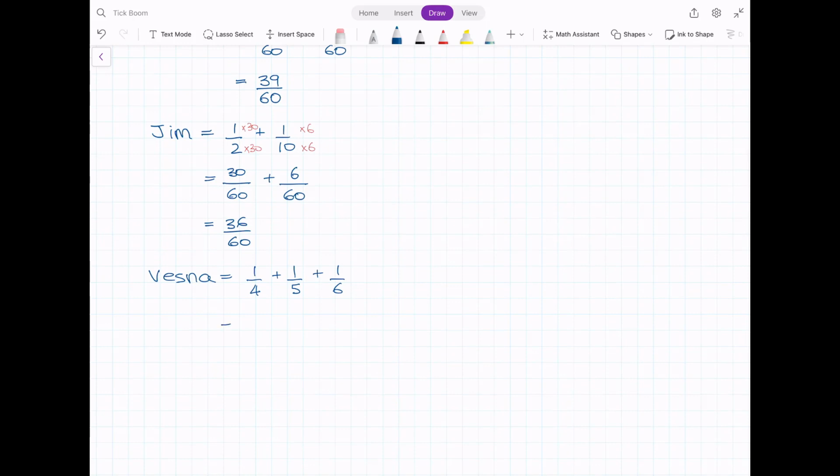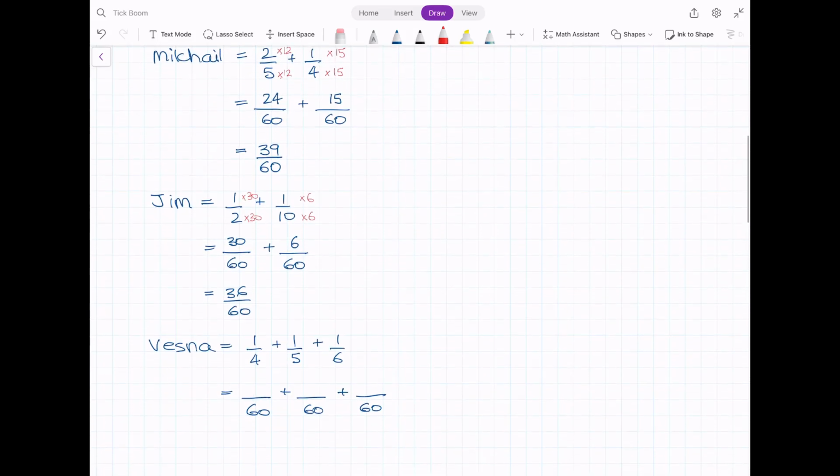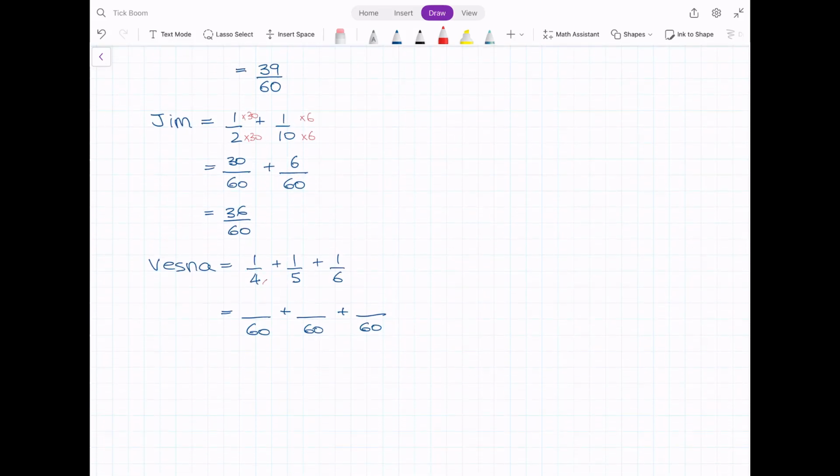Again, like before, we want all of those fractions to be over the common denominator of 60. So we ask ourselves, what do we have to multiply each denominator by? I think from earlier we already did 4. Yeah, 4 times 15 is how we get to 60. So we do the numerator times 15. 1 times 15 is 15.